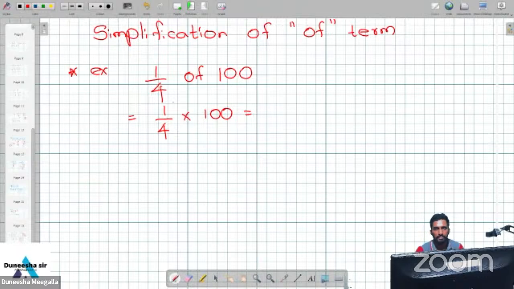Can you tell me? Write down the first example and get the final answer. What is the final answer? We can divide 100 by 4. That's 25. Okay.